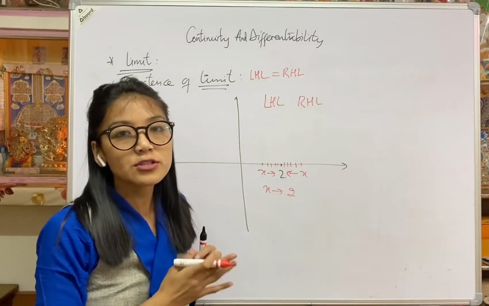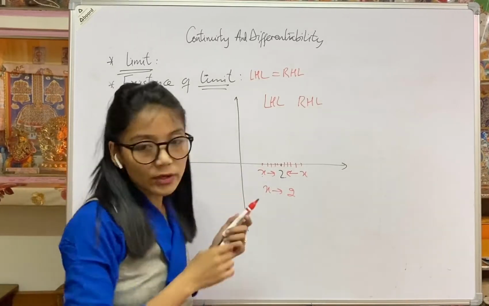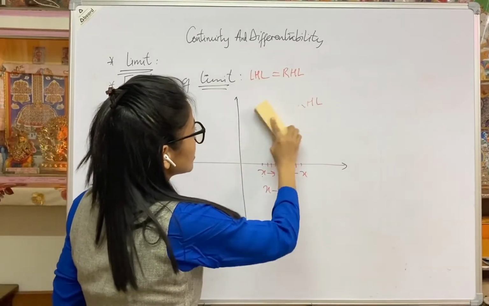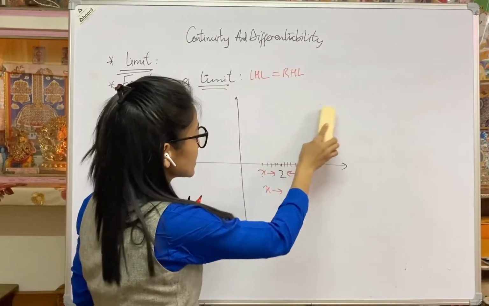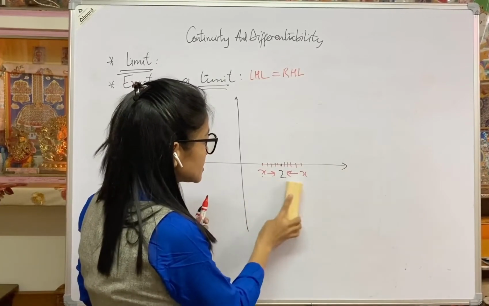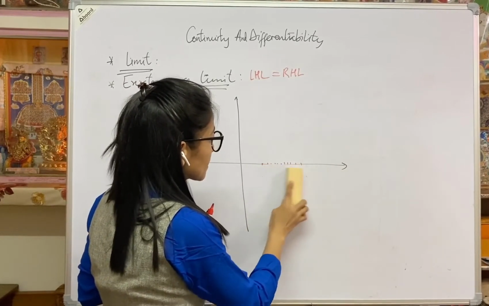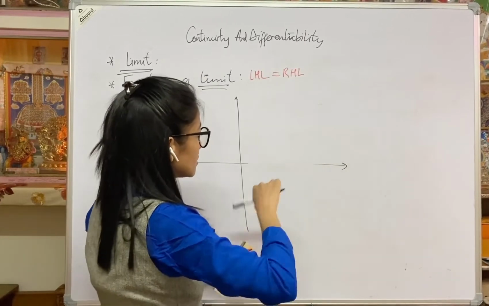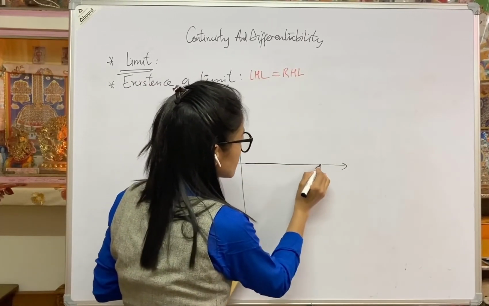Otherwise, the limit of the function does not exist. Okay, so we'll look at the previous example. I had taken my function f of x as 2x, I guess. Okay, it's very simple. First we'll just understand this.